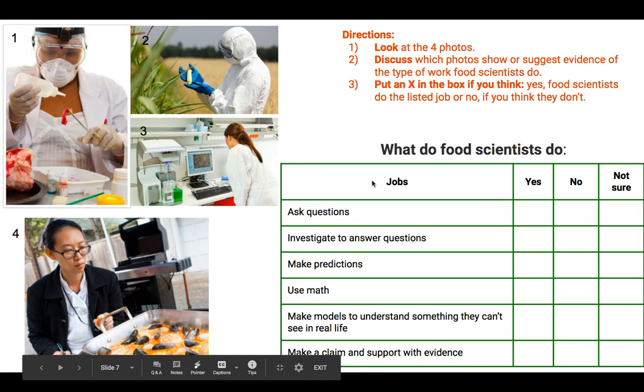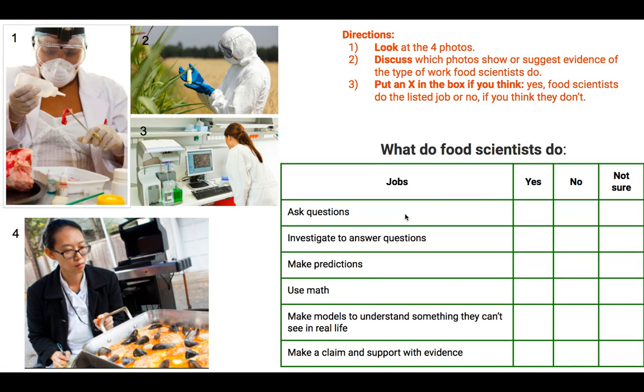For example, look at these jobs. Based on the photos that you see here, do you think that food scientists ask questions? Yes or no? Do you think that they investigate to answer questions? Yes or no? Do they make predictions? Yes or no? Do you think food scientists use math? Yes or no?